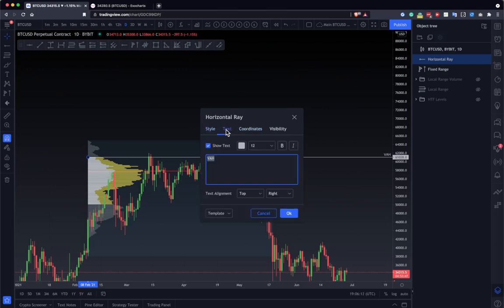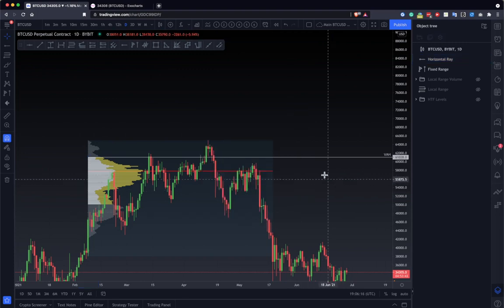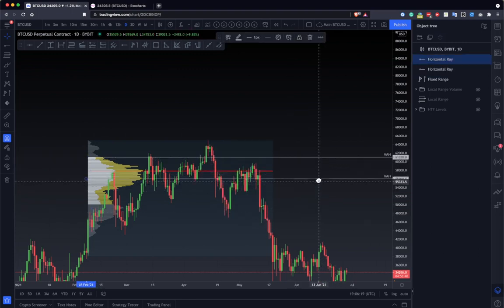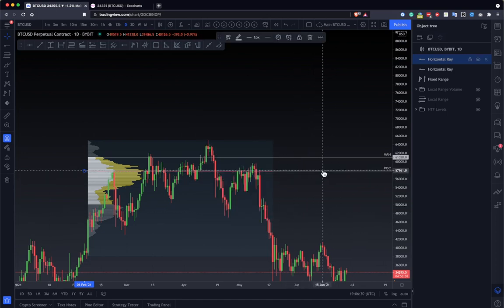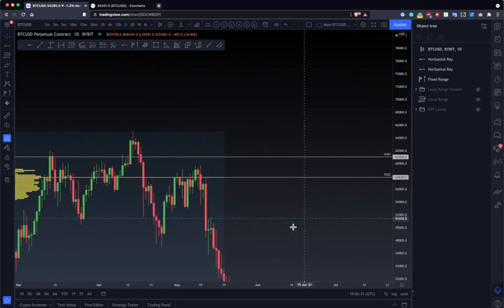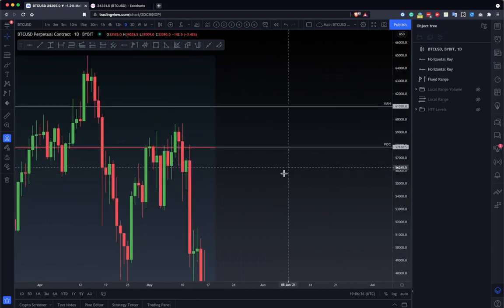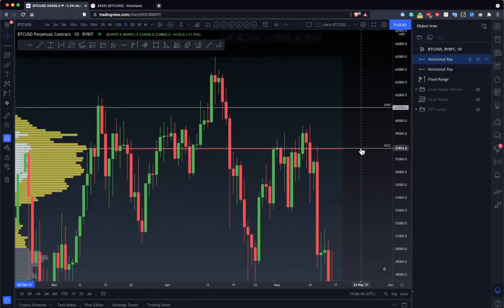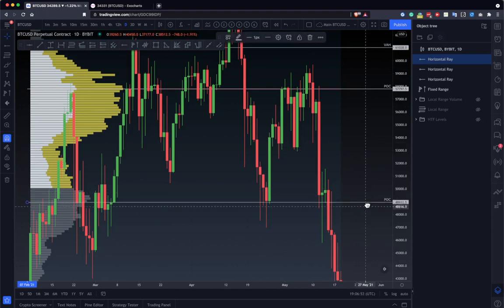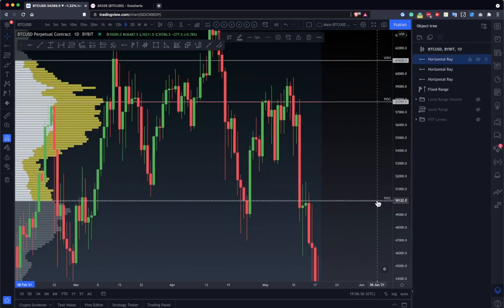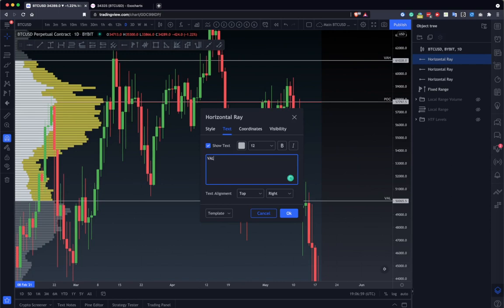Okay, this is our value area high. Our point of control is here. This is our value area low.